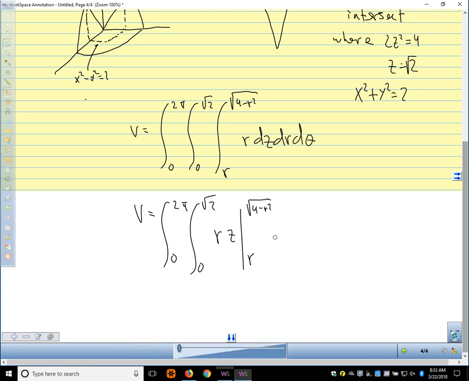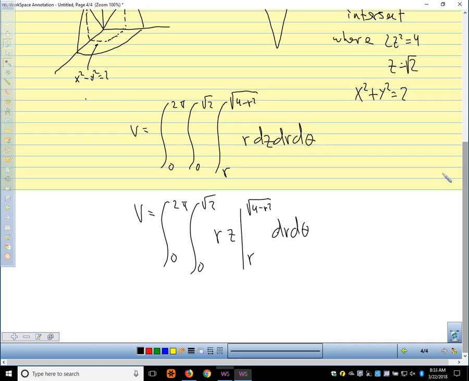So we end up with, for our integral in polar coordinates in the plane, 0 to 2 pi, 0 to square root of 2, of r times the square root of 4 minus r squared, a nice easy u sub, minus r squared, dr d theta.